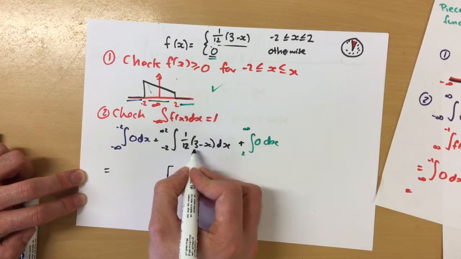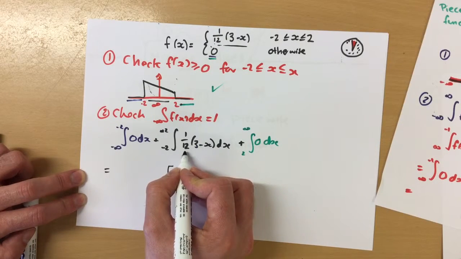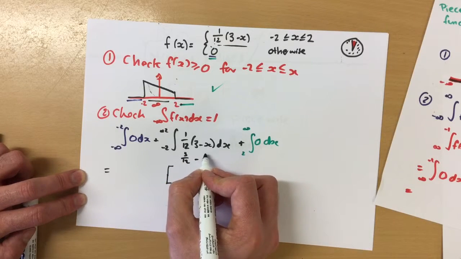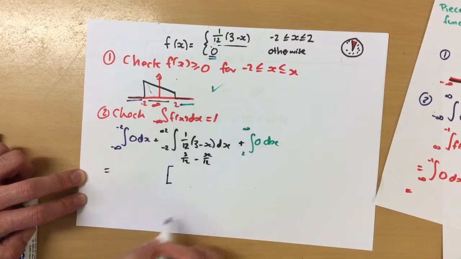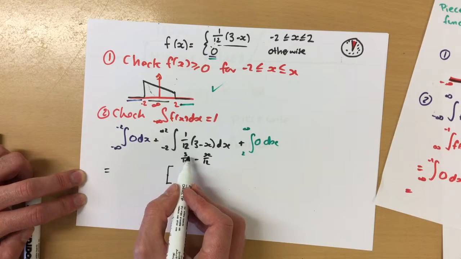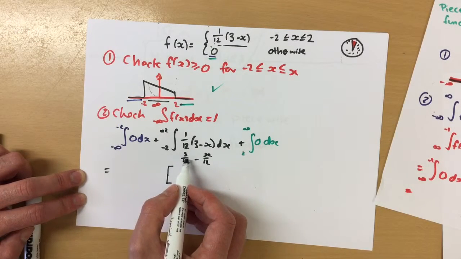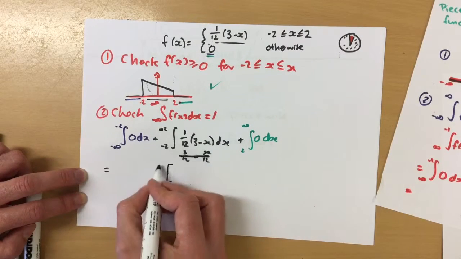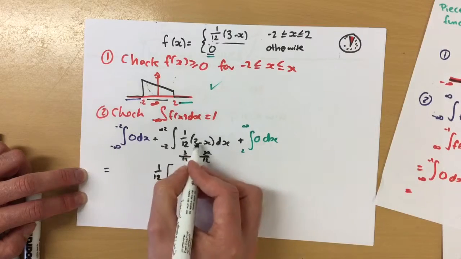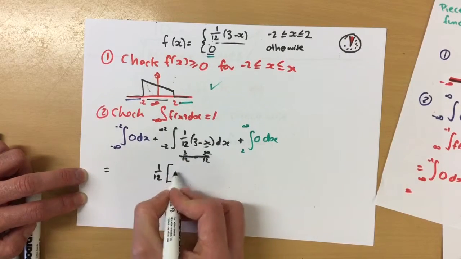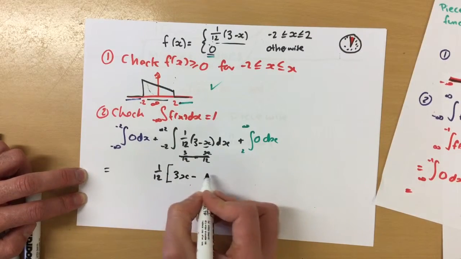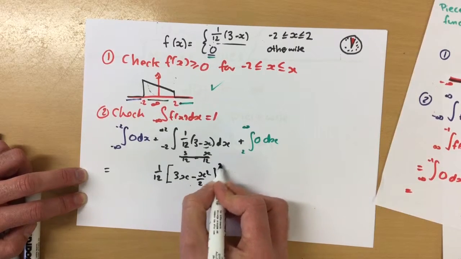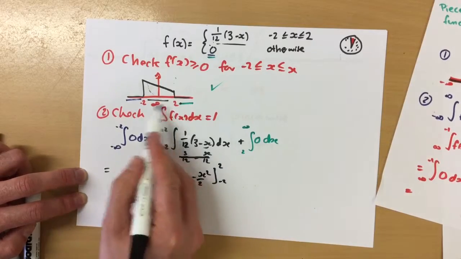Expand the brackets first: 3 over 12 minus x over 12. Integrate that. Take the 1/12 outside. Integrate the middle bit, which is 3x minus x squared over 2, between those two values.